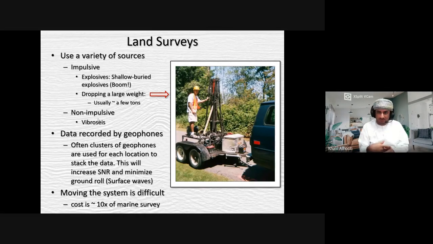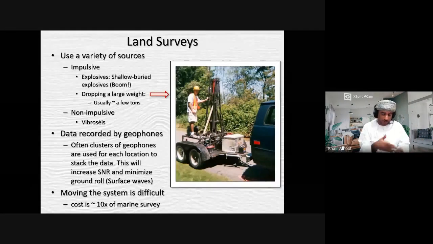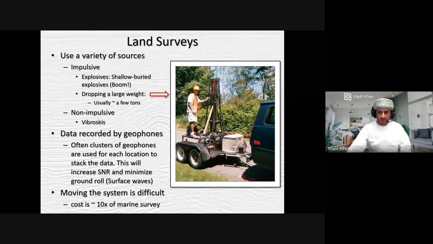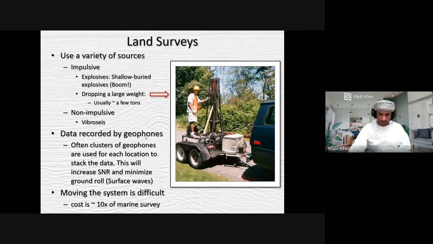But the story for the Vibroseis is totally different. If you made a mistake or were in a hurry, or there was some noise nearby and you wanted to repeat the shot, for the Vibroseis that's really easy. It's more controllable than the dynamite.